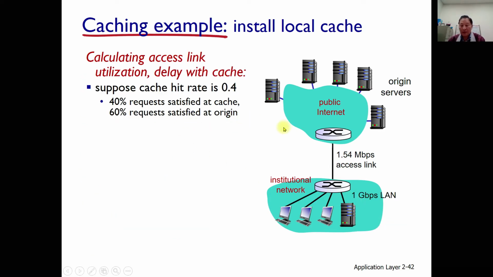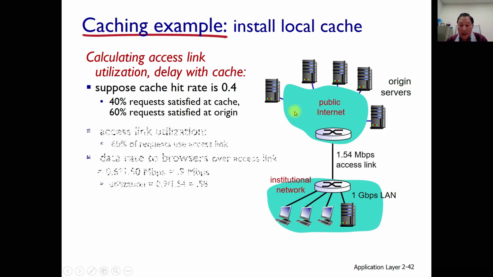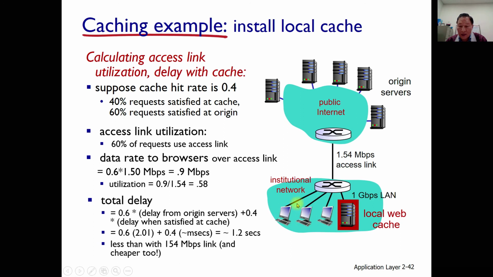Conceptually, we learn calculating access link utilization and delay with cache. Suppose cache hit rate is here. We need to consider hit rate. Hit rate means if we want to find something from this server located in this LAN, if that is stored there, then we don't need to go out to get information from the origin server.